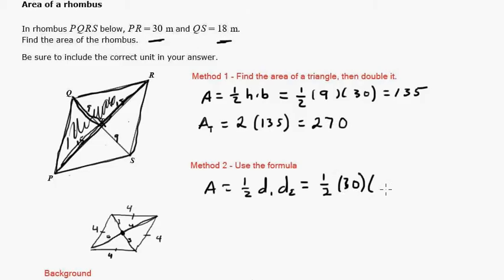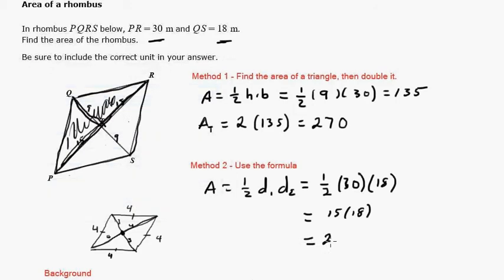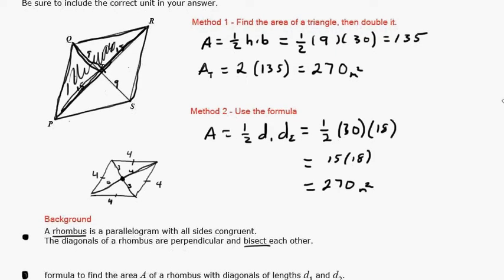They gave us both diagonals, so we can plug them in. Half of 30 is 15, so 15 times 18 should be the same. 15 times 18 equals 270. The distances are meters, so it's meters squared. You only need to use one method. The formula might have worked easier here, but you should know both.